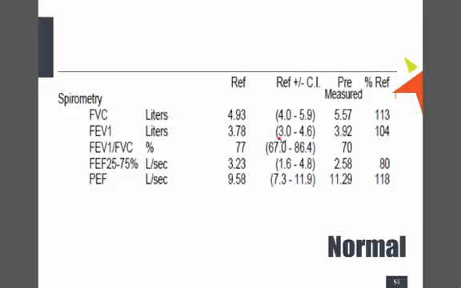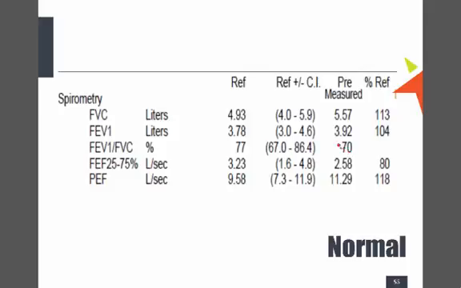FEV1 is how fast the person can blow their air out. They've done 104% of what is expected. Anything above 80, again, would be normal, but we can see 3.92. Well, that's right in the middle of there. That's well within the predicted range. And the ratio is our question of have they got any obstruction. It's 70%.